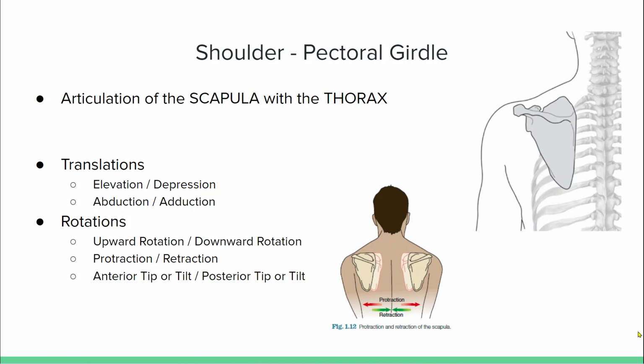Some identify protraction as abduction of your scapula, so they're moving away from the midline, and retraction is adduction, or moving toward the midline. You can also have anterior tip or tilt and posterior tip or tilt.